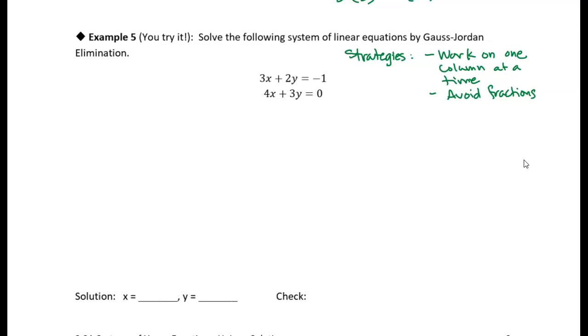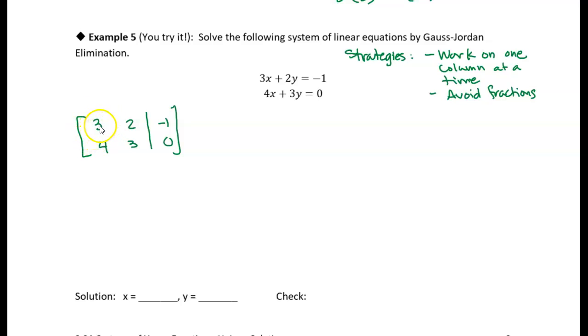So let's take a look at this system of equations. I'm going to start by just writing the augmented matrix, right? 3, 2, -1, 4, 3, and 0. So an example, which I didn't really mention in the last example: I'm trying to get a 1 up in this upper left-hand corner.